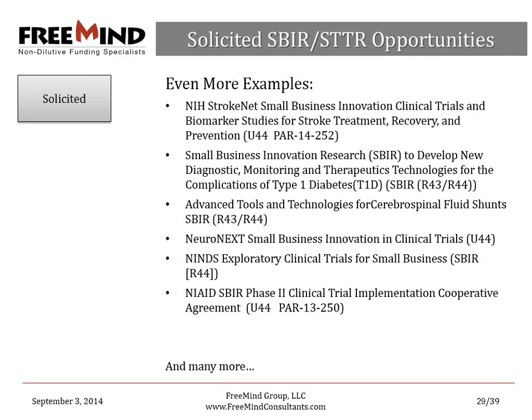And finally, last one I'll mention here for now is a Phase 2 SBIR from the NIAID, the National Institute of Allergy and Infectious Disease, looking to fund clinical trials with the NIAID SBIR Phase 2 Clinical Trial Implementation Cooperative Agreement. As I mentioned, these are only a few of the SBIR STTR solicitations out there, and you see how they cover a very broad range of science and diseases.